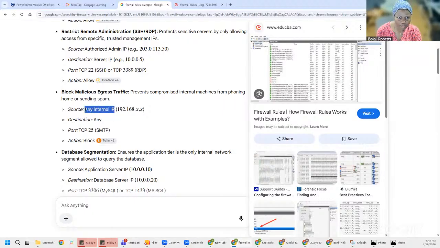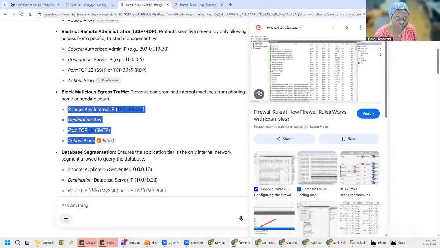So this is saying the source is any internal IP address. Why do you think that this rule is needed?